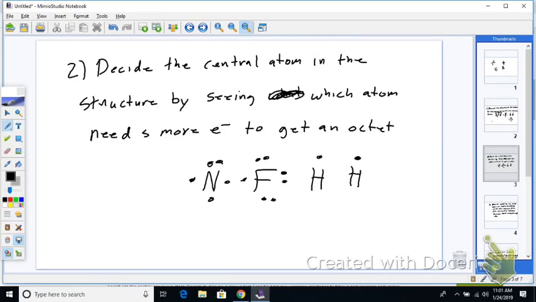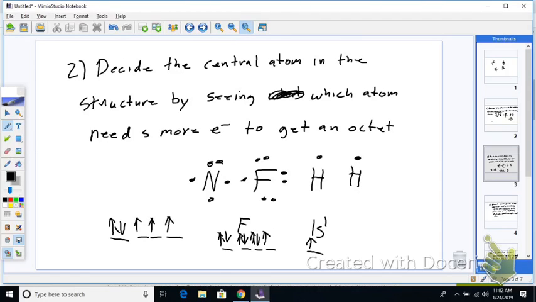Here's hydrogen's electron configuration. Here's fluorine's electron configuration. Or orbital notation. I'm going to show orbital because that's what we're looking at. And then here's nitrogen's. You guys don't have to show this because you already know how to do this.